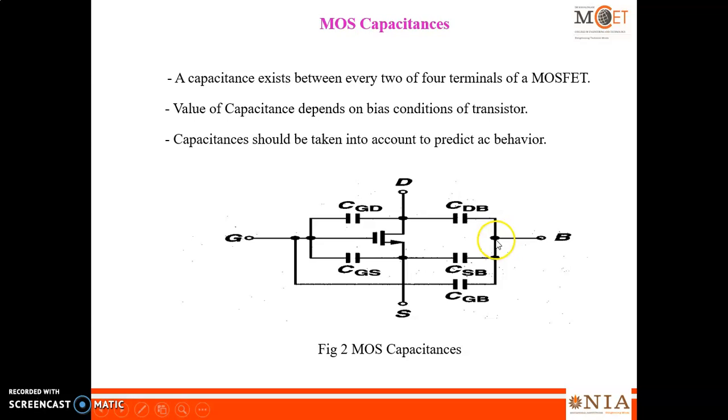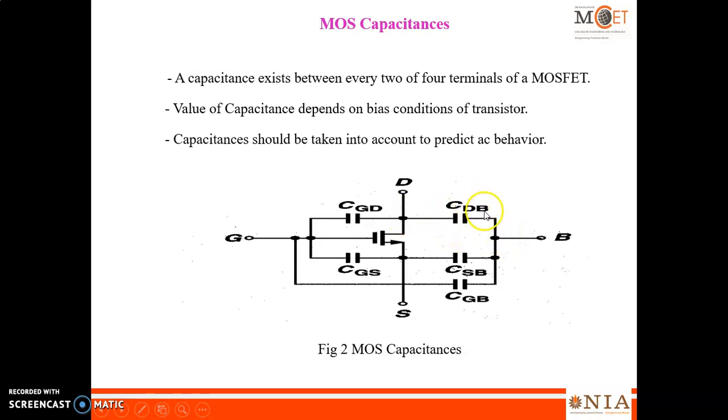Now you consider gate terminal and bulk terminal. In between these two terminals also you can find capacitance CGB. Now you take the source terminal and then bulk terminal. Here also you can find the associated capacitance denoted by CSB, which indicates the capacitance between source terminal and bulk terminal. Now you take drain terminal and bulk terminal.